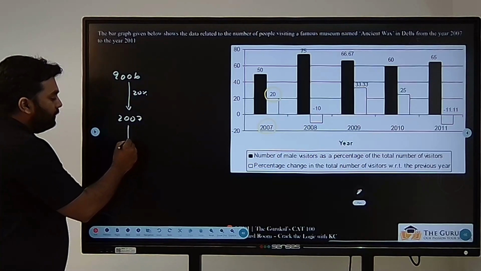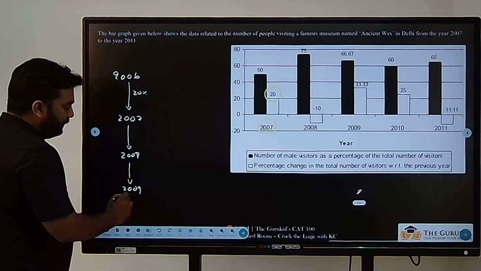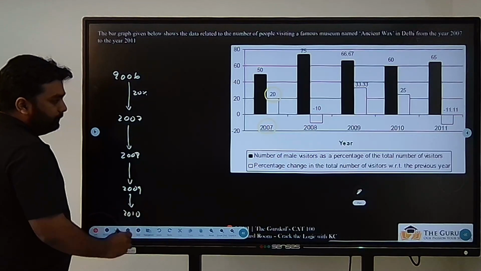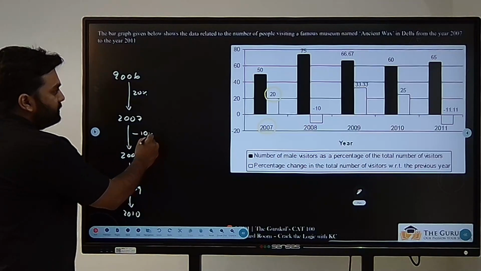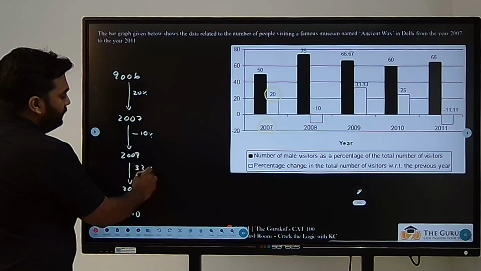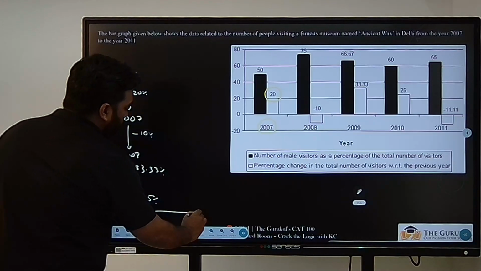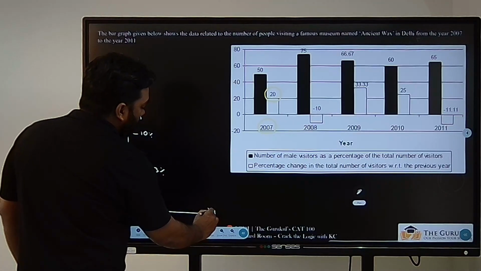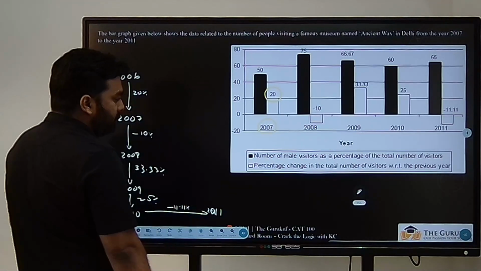From 2007 to 2008, a decrease of 10%, from 2008 to 2009 an increase of 33.33%, from 2009 to 2010 an increase of 25%, and from 2010 to 2011 a decrease of 11.11%.